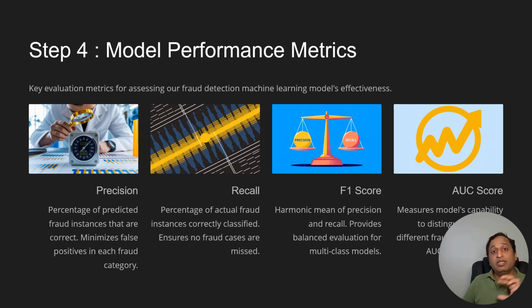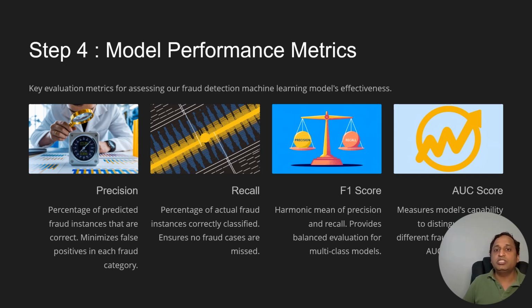Then we have the F1 score. This is the harmonic mean of precision and recall, providing a balanced measure. It's useful when we need to strike a balance between precision and recall across multiple fraud types. We also have AUC, the area under the curve. This measures the overall performance of the model in distinguishing between different fraud types. The closer the AUC is to 1, the better the model is at classification.